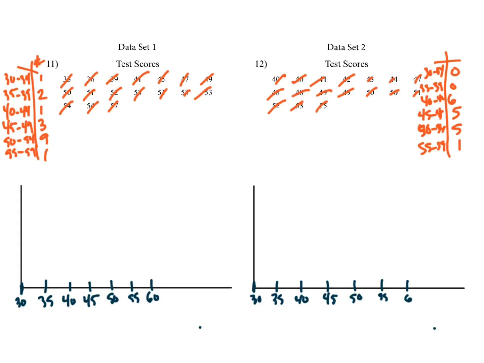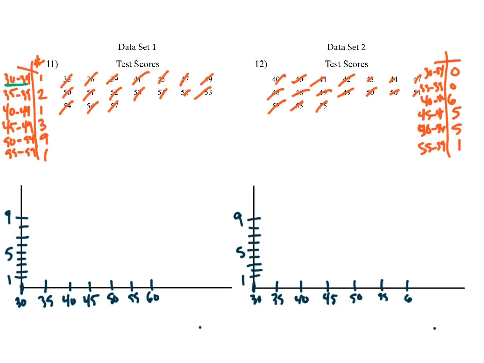And then our highest is 9, so that's how high we want to go. So 1, 2, 3, 4, 5, 6, 7, 8, 9. All right, now we start putting them in.